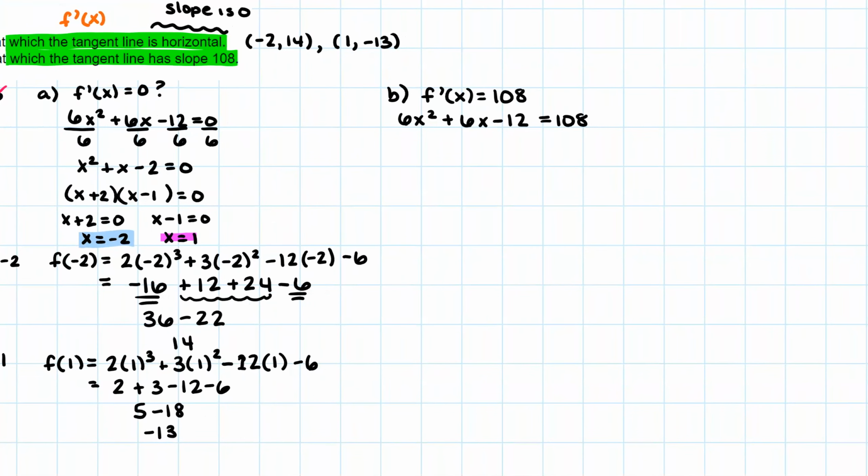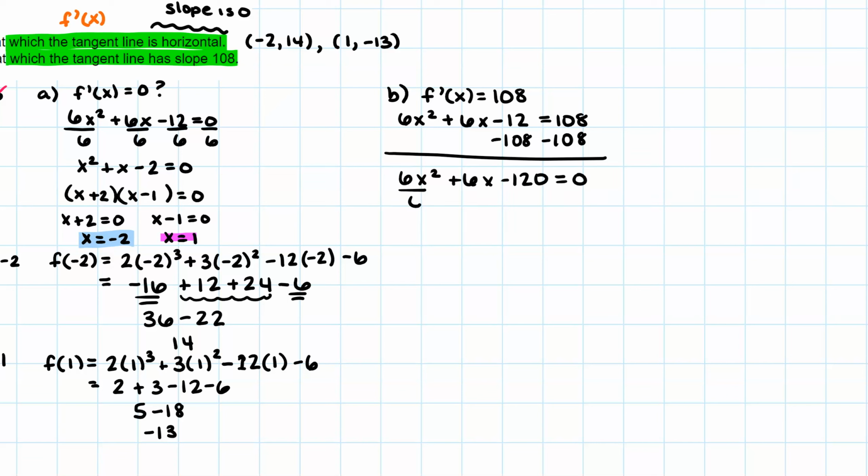And now we need to solve, and this is a quadratic, so we generally want to get 0 on one side. So I'm going to subtract 108. So I have 6x squared plus 6x minus 120 equals 0.